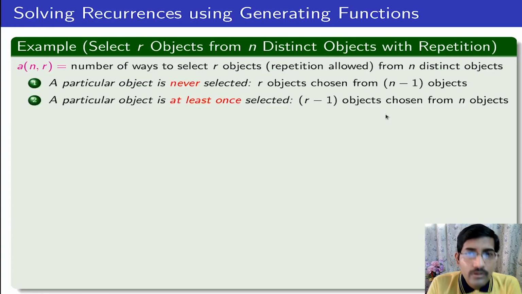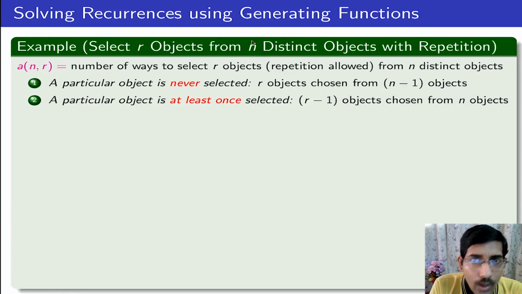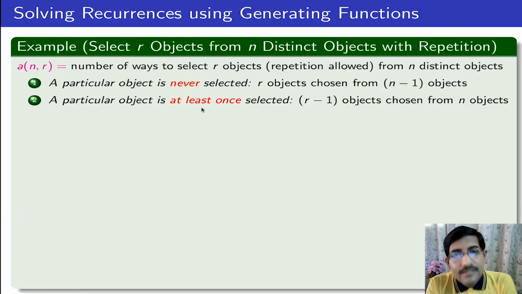Here we go. Either we take an object at least once, or we never take that object. If we never take that object, the R objects I have to take from n objects, then one particular object in n I never take into my solution. Then for the remaining n minus 1 objects, I need to choose R of them. And what is the other part?